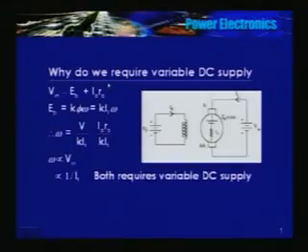A separately excited DC machine. A very popular equation: V in is equal to EB, the back EMF, plus IaRa. EB is the back EMF, which is proportional to flux and speed. This flux is proportional to the field current, so EB is given by K into IF into omega.